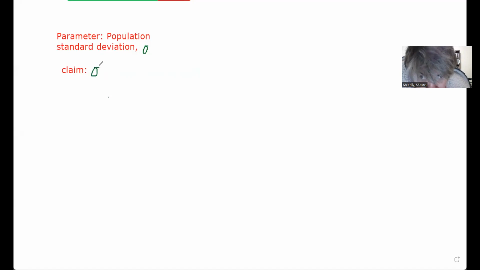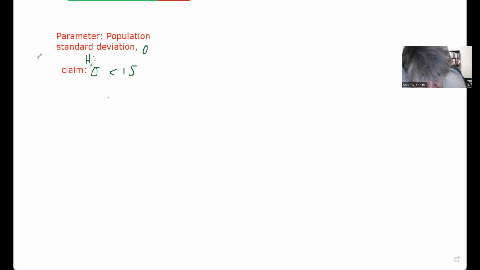So this is sigma less than 15. This is my claim. And this actually goes with H1 because there is no equal with this. So this is H1, sigma less than 15, just to remind you. And this is a left tail test.